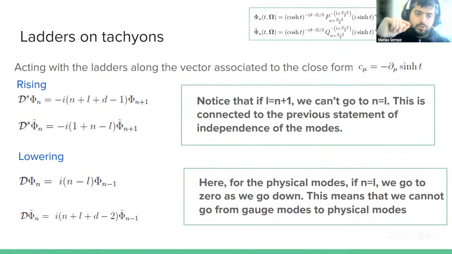So you cannot cross this. The D is something that will keep you in the unitary fields. The other way around, if we start from a pure gauge mode, that has n greater than l, and we start to diminish n, we will not be able to get a unitary theory. The same happens for the Q's.